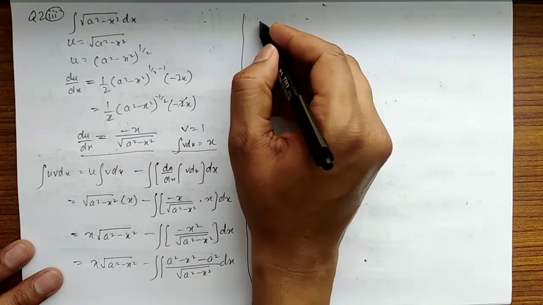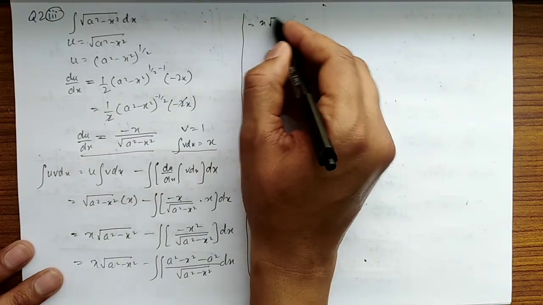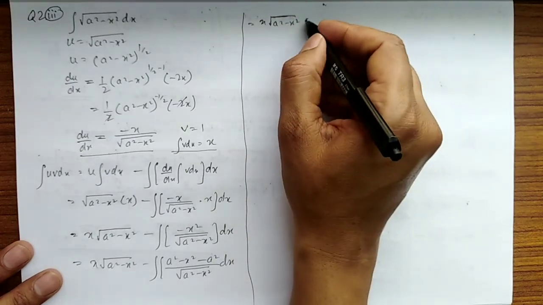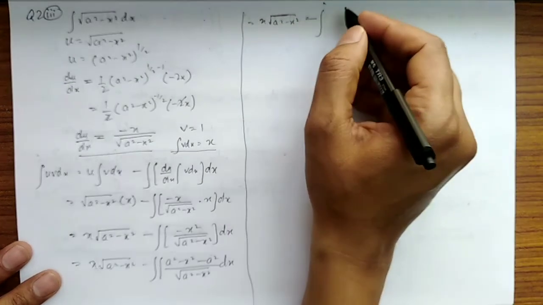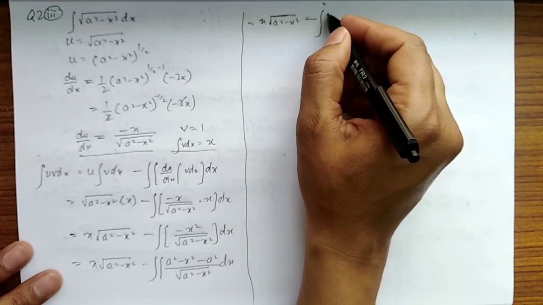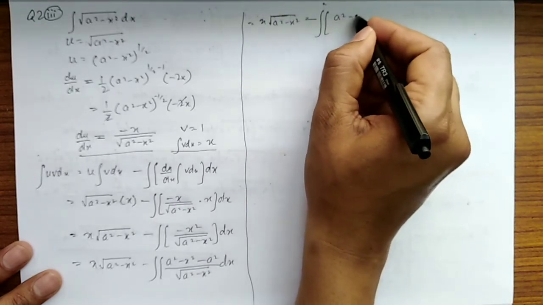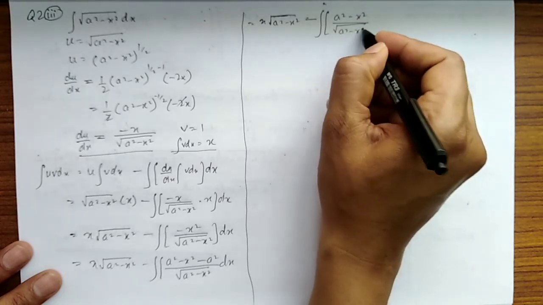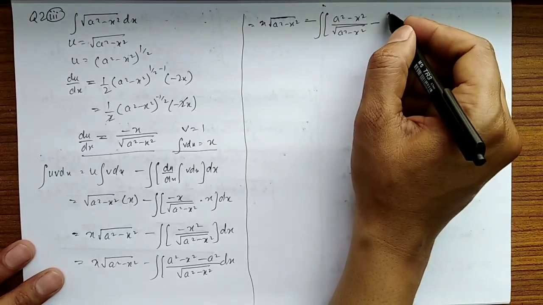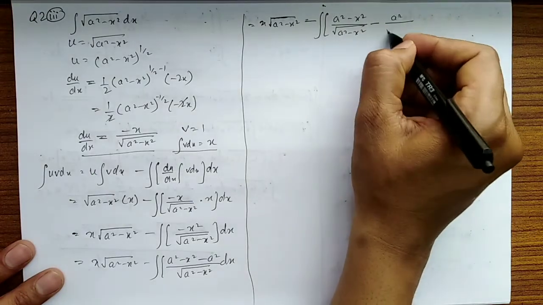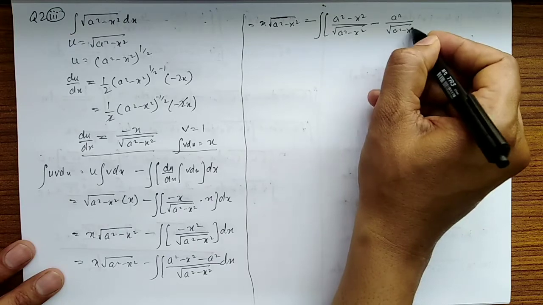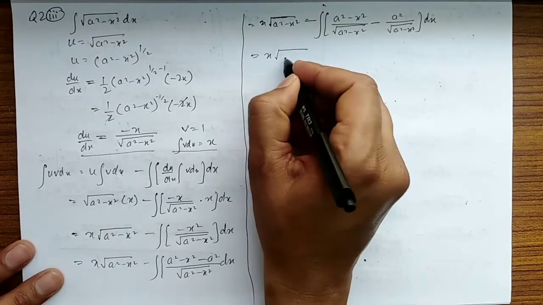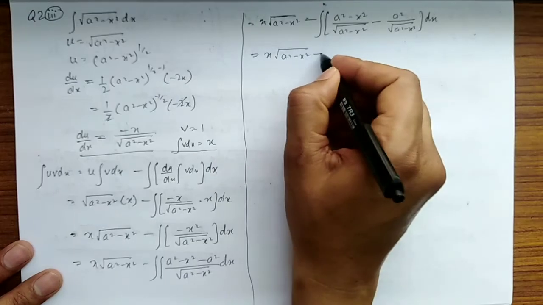So we now have x root of a square minus x square minus the integral of, just break these parts, a square minus x square divided by root of a square minus x square minus a square upon root of a square minus x square dx.